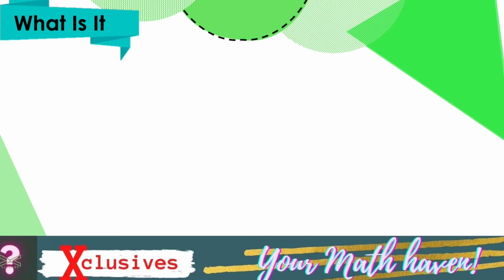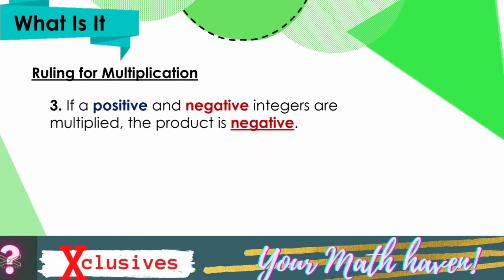Rule number 3. If a positive and a negative integer are multiplied, the product is negative. Let's have an example. Positive 7 times negative 3 is negative 21.